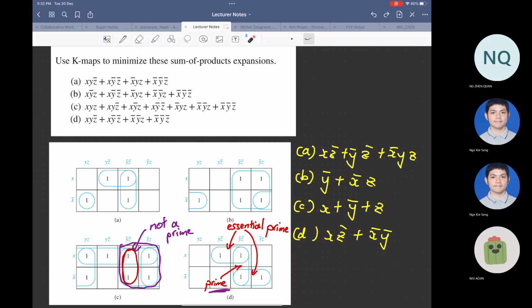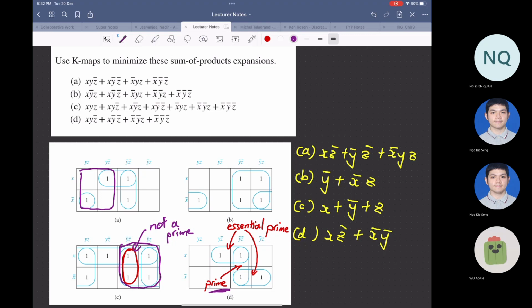Is this an essential prime implicant? Yes, because it's the only largest possible block that contains it. So when is this not a prime implicant? It is not a prime implicant if there's another block containing it.